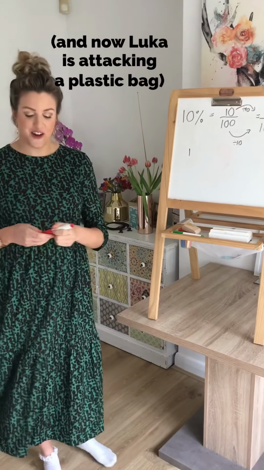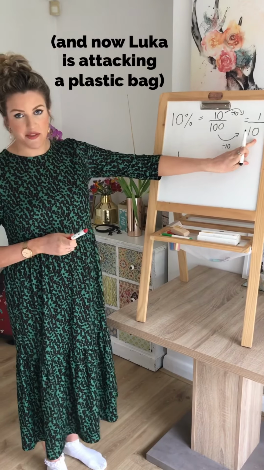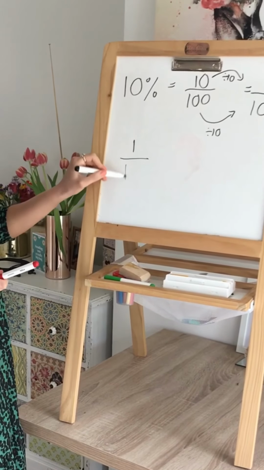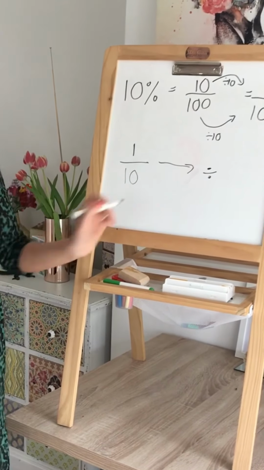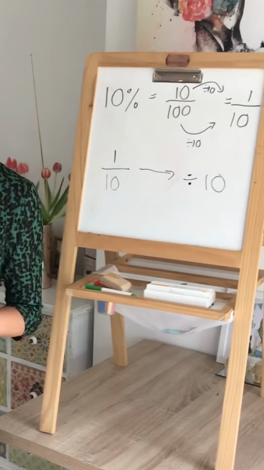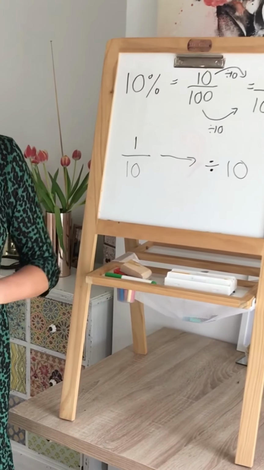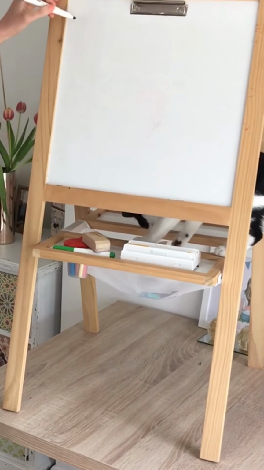So to find 10%, we find a tenth. And finding a tenth is the same as dividing by the denominator. It's the same as dividing by 10. So to find 10%, we divide by 10. Nice and simple. So 25%, what would we do?